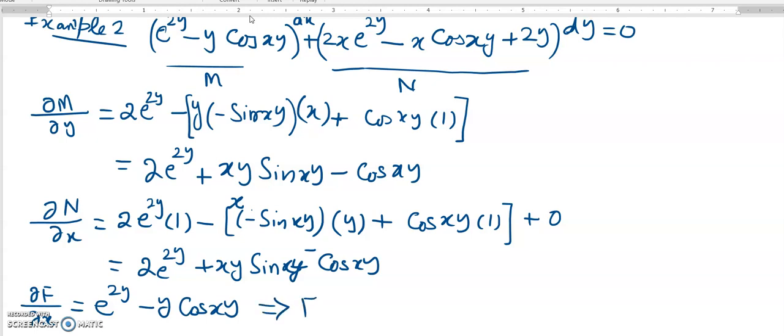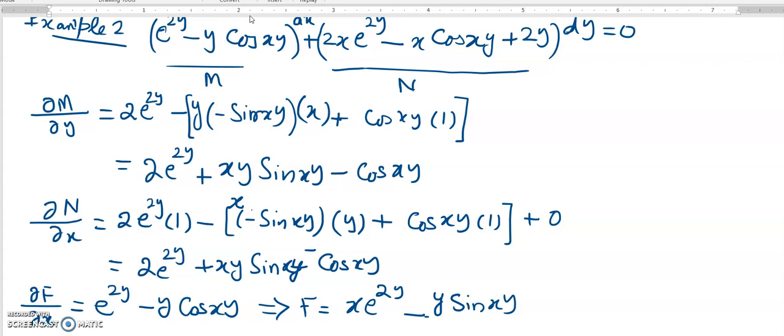So from here we can integrate it with respect to x. e power 2y will become x e power 2y, integrating with respect to x. And then it will be minus y, and for cosine the integration will be sine xy, and from the chain rule it should be divided by y, since y is constant.